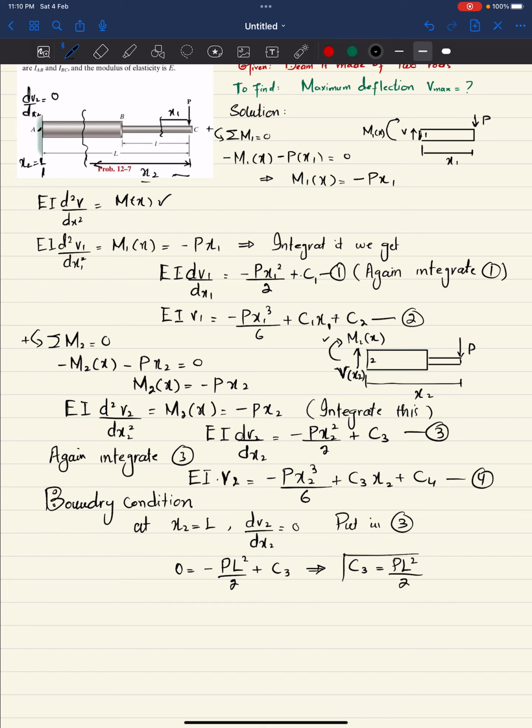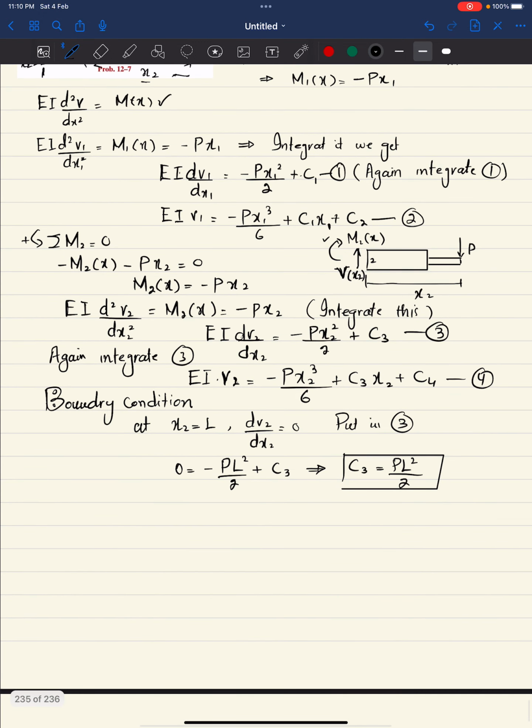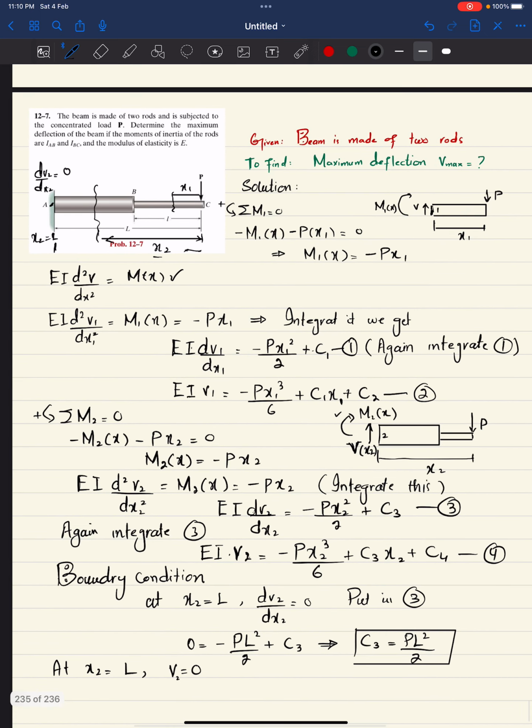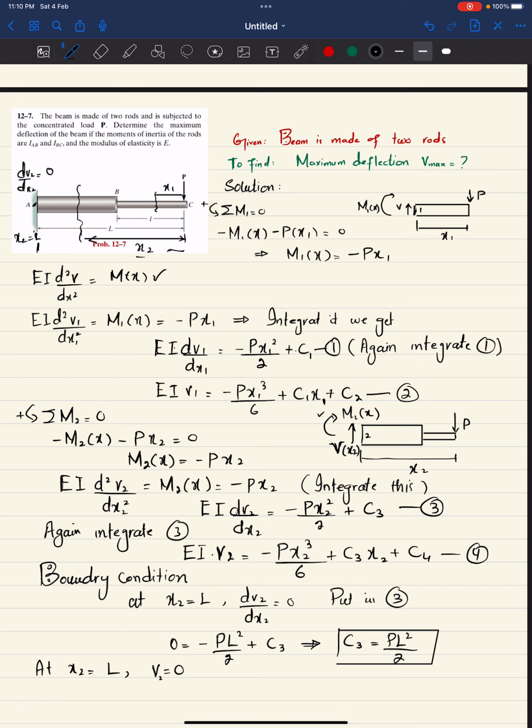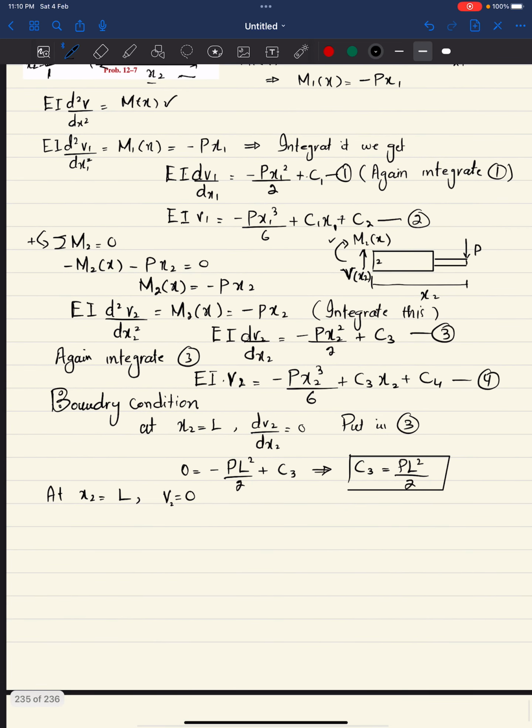Now we have C3, we will use another boundary condition. That boundary condition is that at x2 is equal to L, we have deflection v2 is equal to 0. Again you can see this is the fixed support. So at x2 is equal to L, deflection will be 0. We will put it in equation 4, because equation 4 is the equation of deflection.